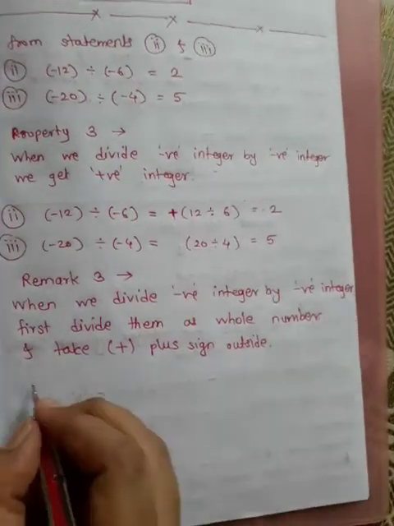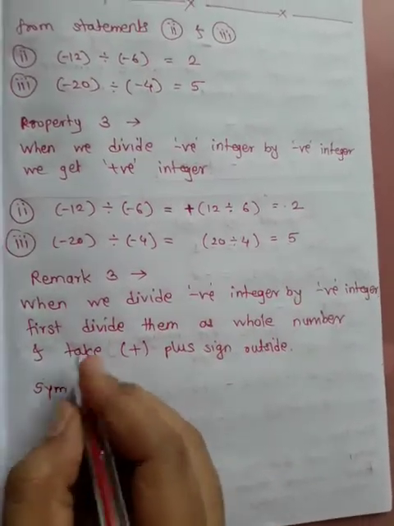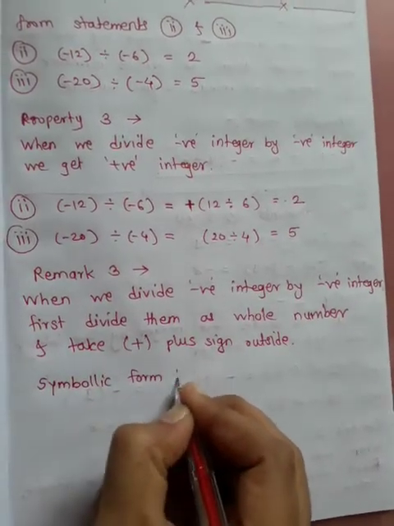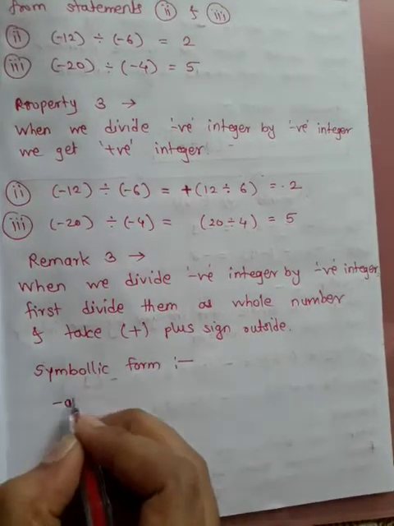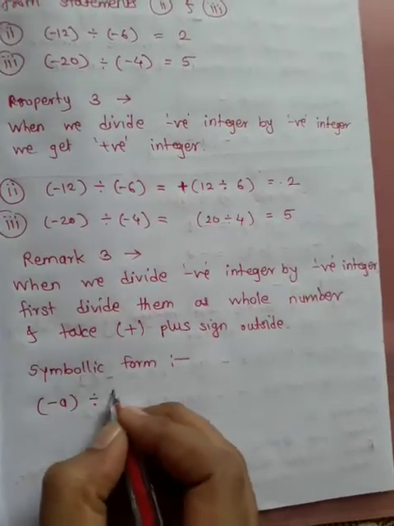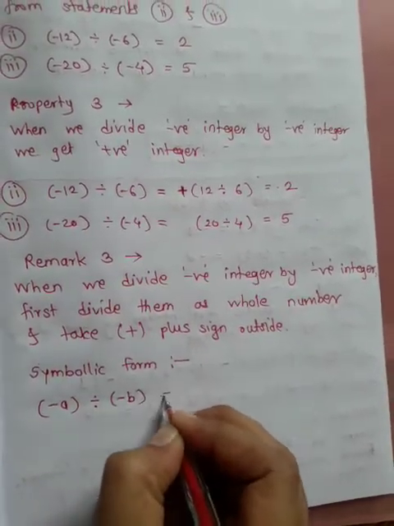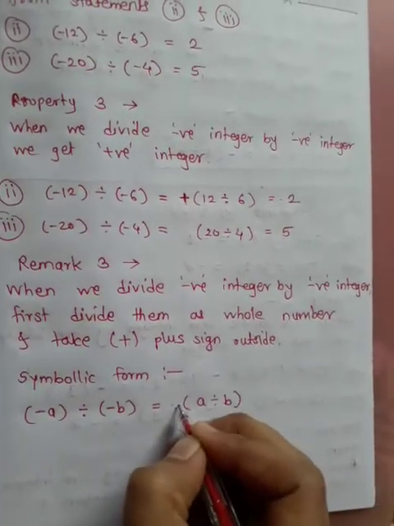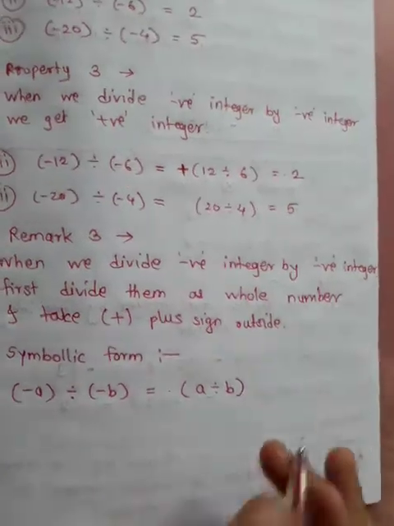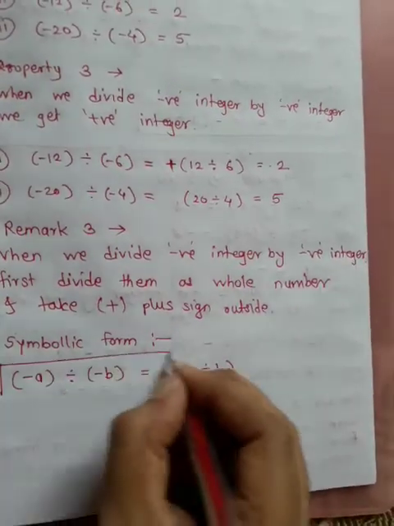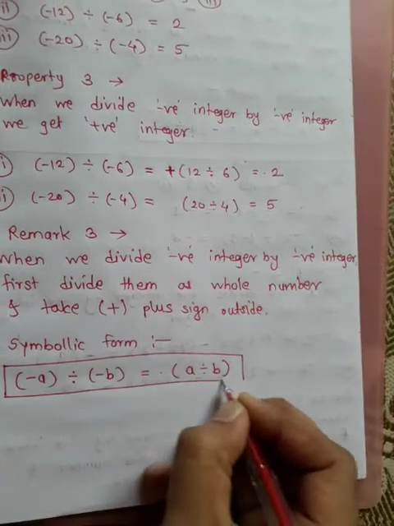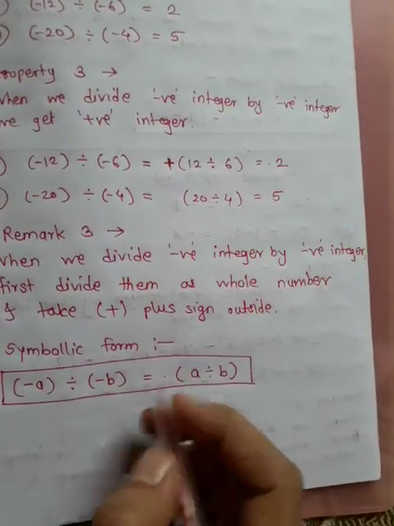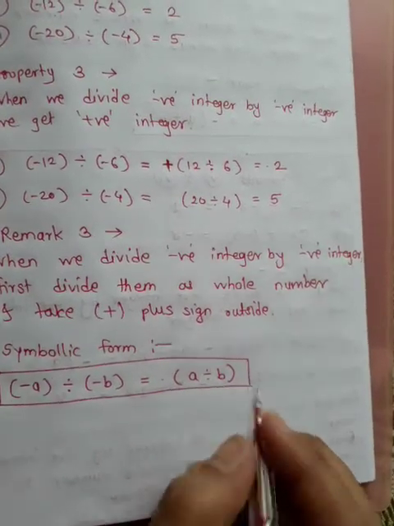And what is its symbolic form? It is not necessary to write the sign. So remark 3 is minus a upon minus b, that is a upon b.